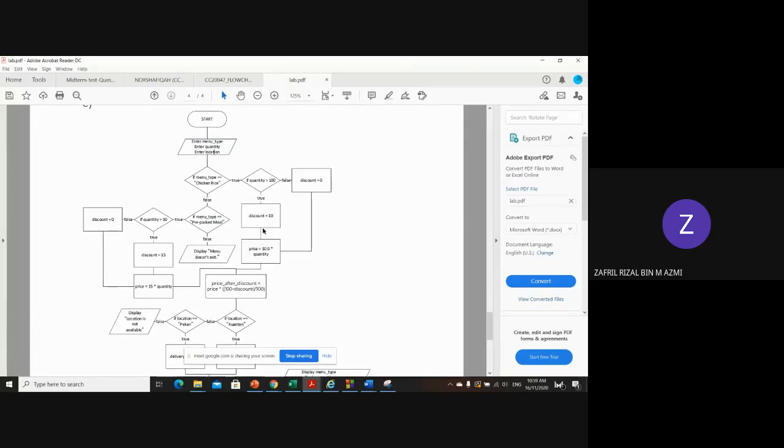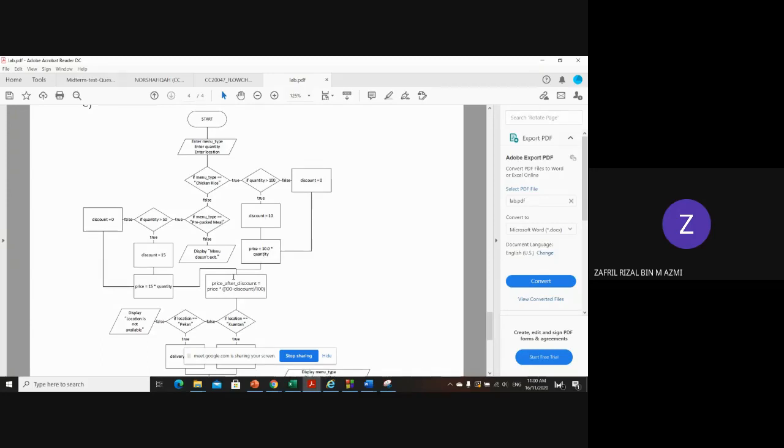If you say there's a mistake, what's the mistake? Okay, price over 100 entitles you to get a 10% discount. So you still get the discount. You are still calculating the price. The price is 10 ringgit times quantity, without discount.